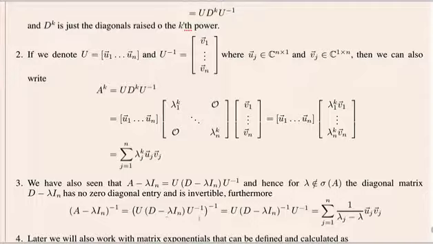And then the way we invert this product, we have to change the order. But once you change the order, U inverse goes to the left-hand side and you have to invert it. The inverse of the inverse is U itself. Then in the middle we have the inverse of D minus lambda I_n, and on the right we get the inverse of U.